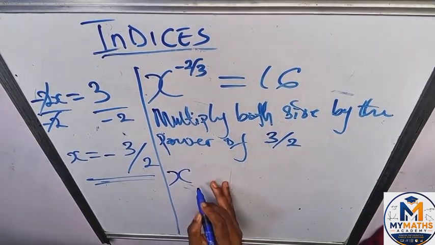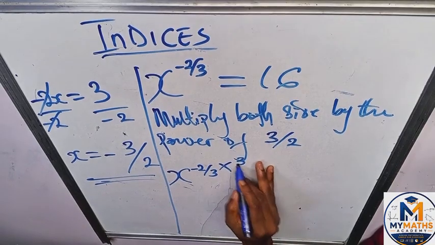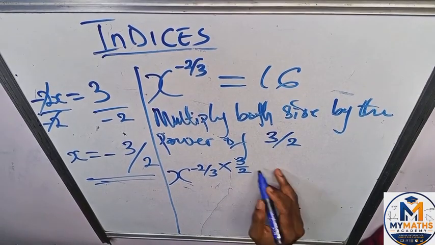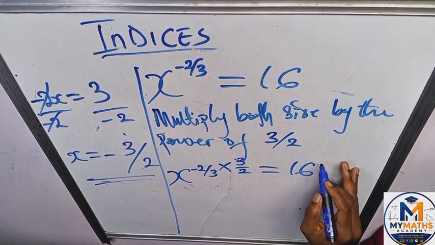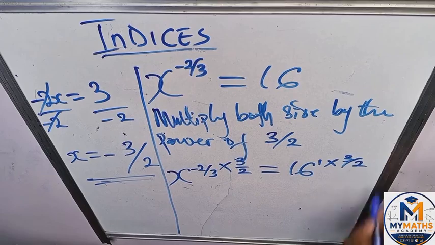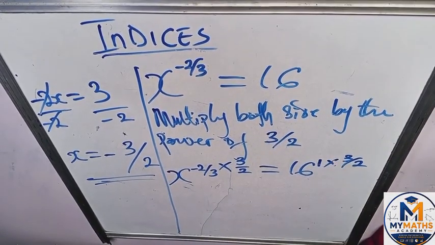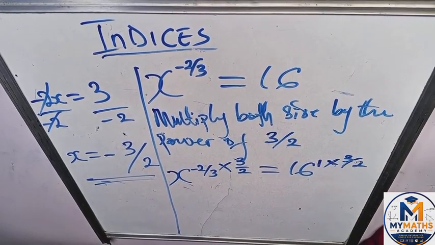So we're going to say x raised to power minus 2 all over 3 times 3 over 2 equals 16 raised to power 1 times 3 over 2. Okay, because this 16 has a 1 here. So, good. So, multiply both sides.